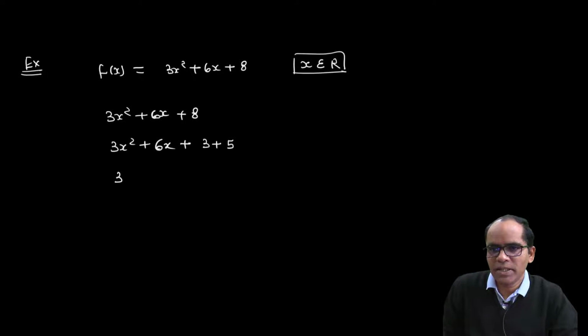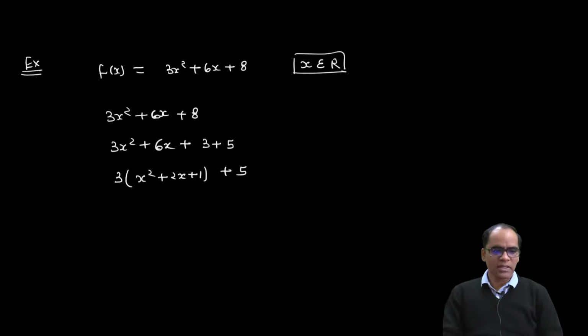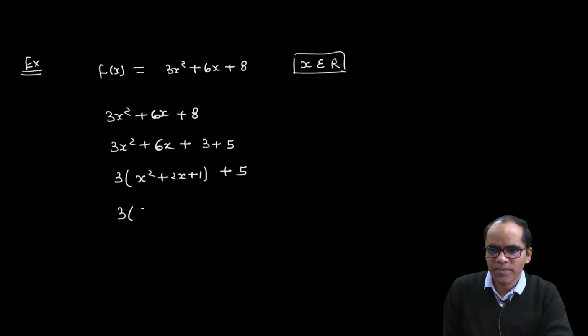So 3 times x square plus 2x plus 1, plus 5. So x square plus 2x plus 1 is nothing but (x plus 1) whole square, so 3(x plus 1) whole square plus 5, okay.